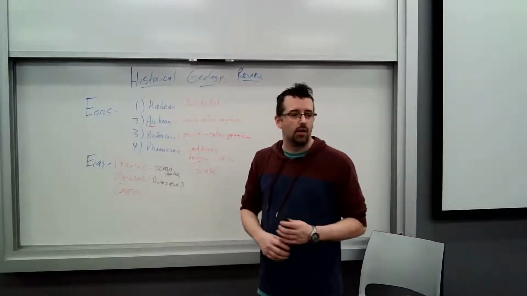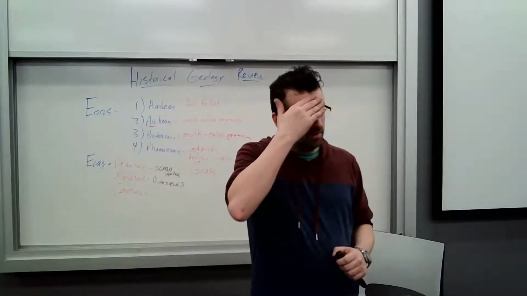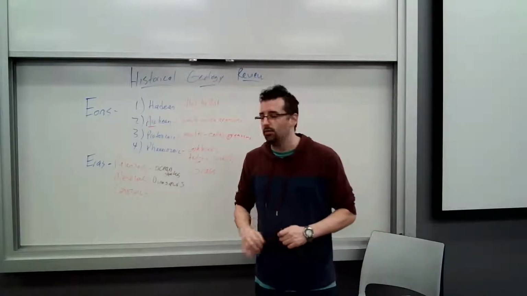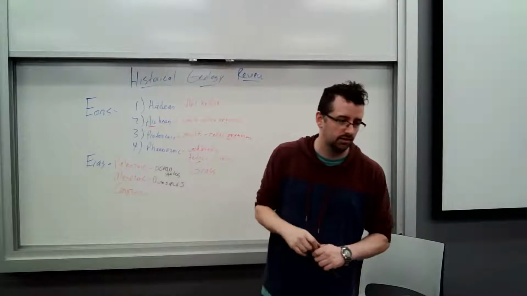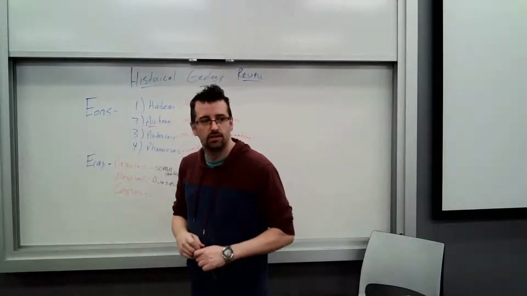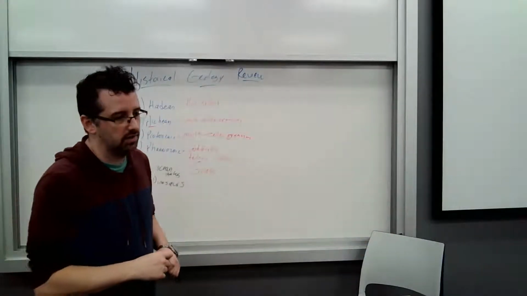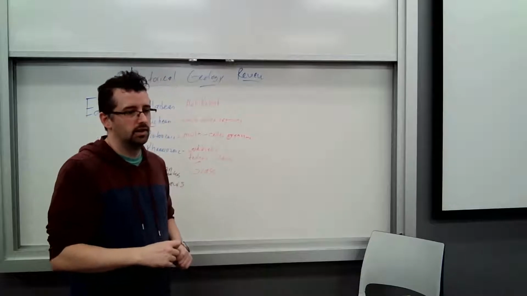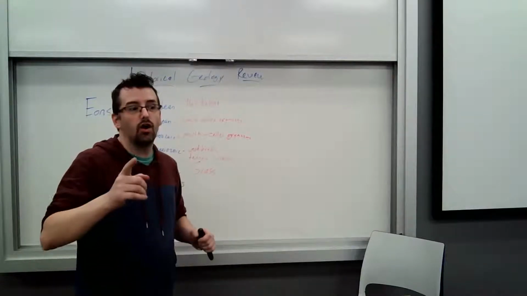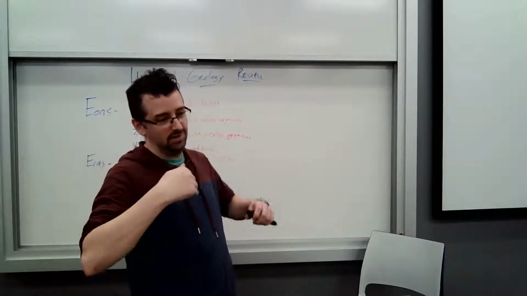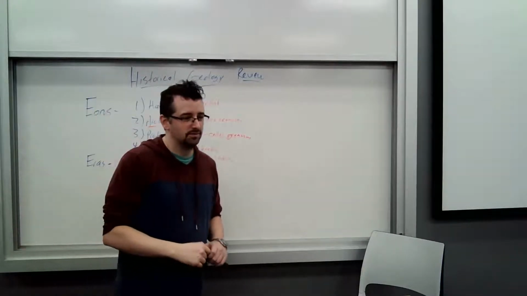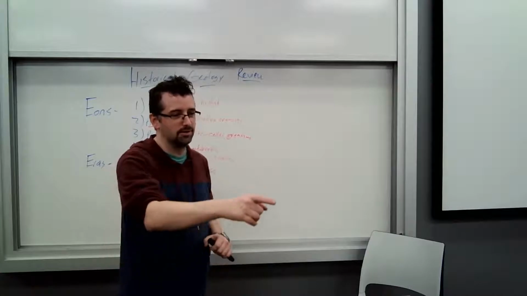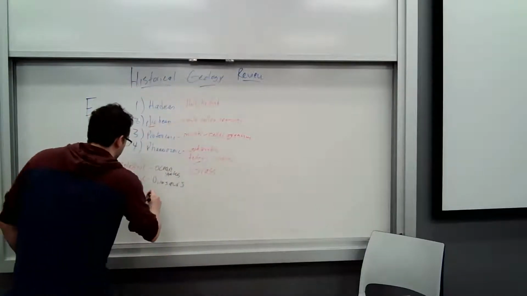And the Cenozoic was what? What did we see come to power during the Cenozoic? What do we got here? People. And what are people? Mammals. Yes.